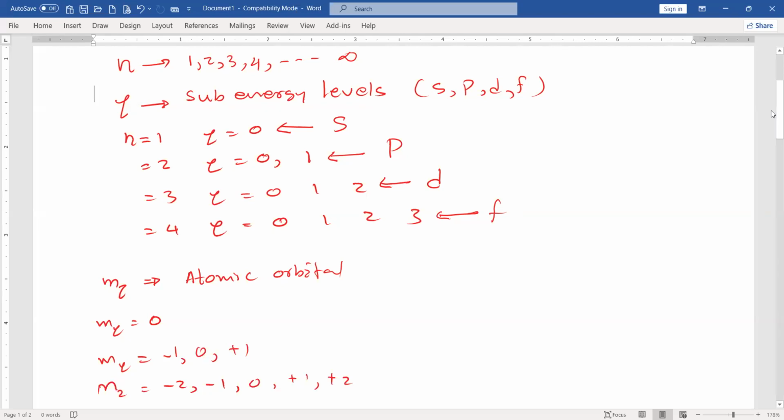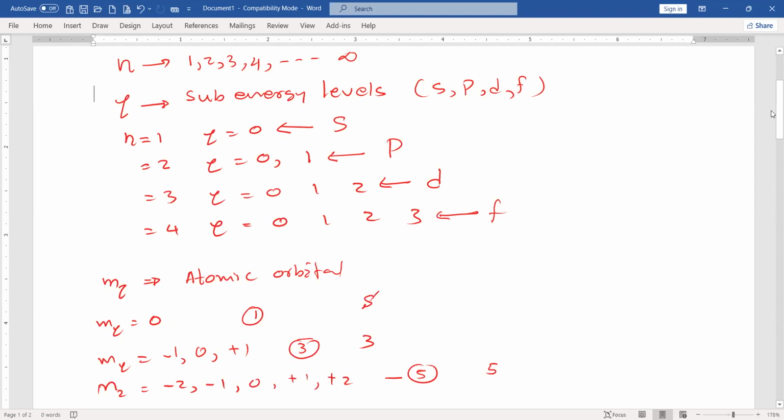So this has only 1 atomic orbital, this has 3 atomic orbitals, and this has 5 atomic orbitals. Then the S sub-energy level has only 1 atomic orbital, the P sub-energy level has 3, and D has 5.